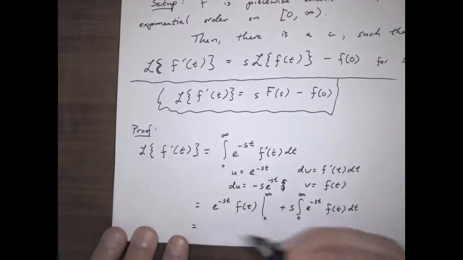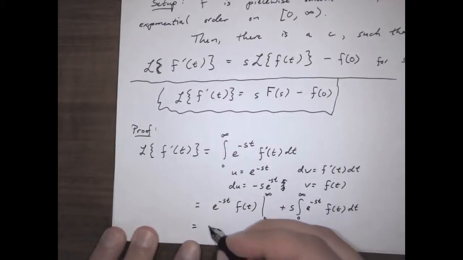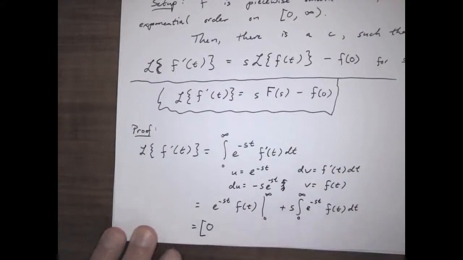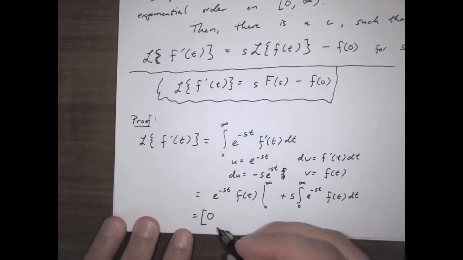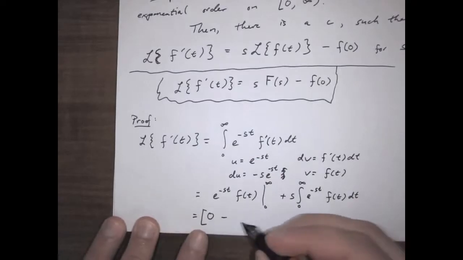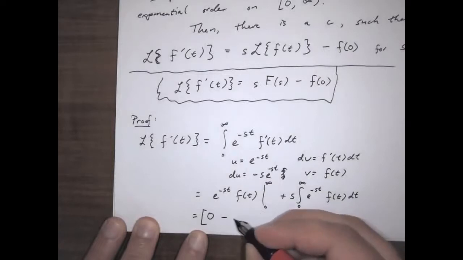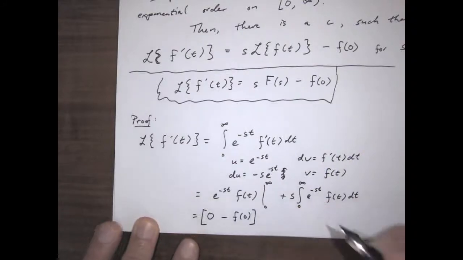But here, this is going to be 0 when we plug in infinity, by the assumption that it is of exponential order, minus what we get when we plug in 0, which is just 1 times f of 0.